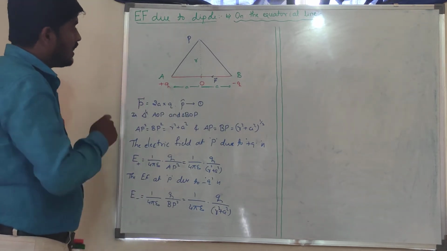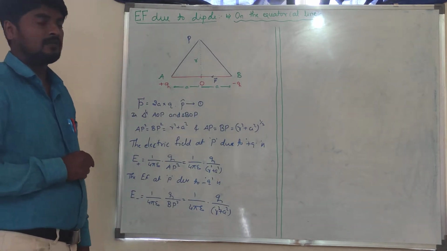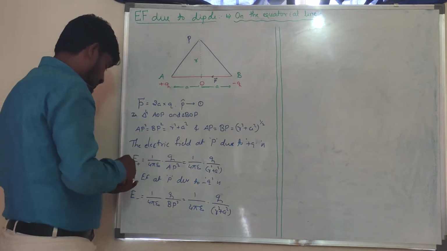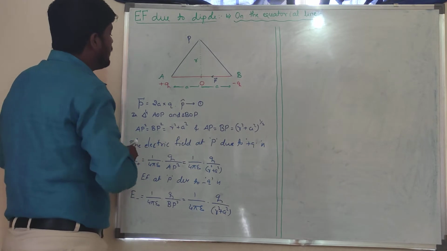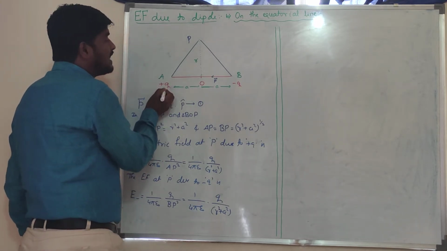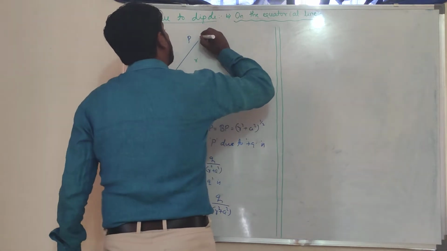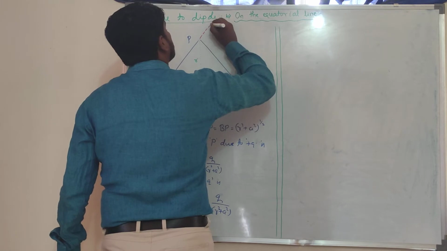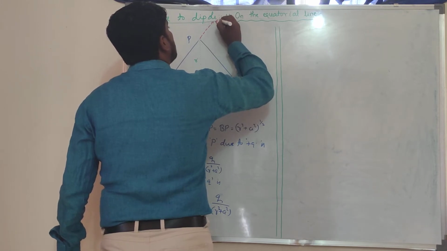Friends, if I denote the direction for electric field E plus and E minus, it goes like this. Look at this. Since the charge is positive here, we know that the electric field is radially outward. Hence, at point P, E plus goes like this, straight line. This is E plus.